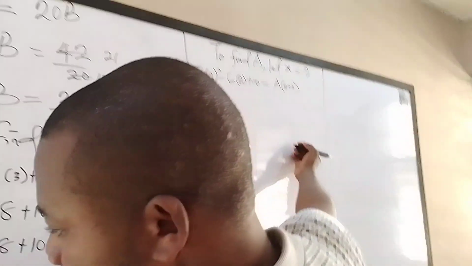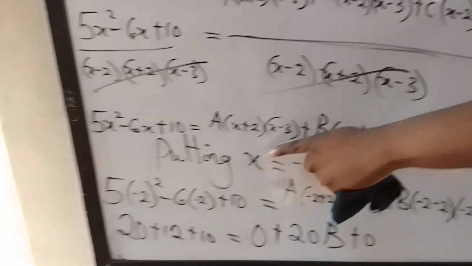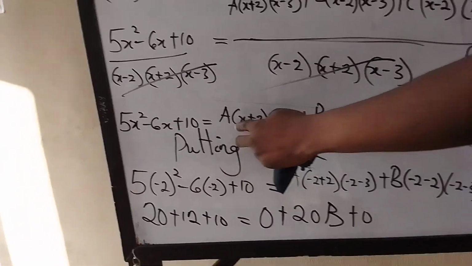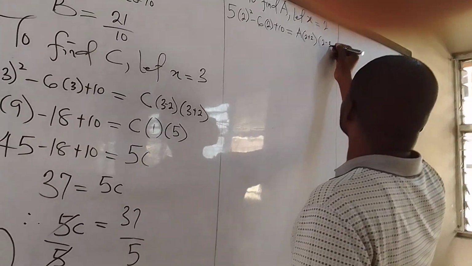Then, 2 minus x plus 2, which is 2 plus 2, because our x is 2 already. Then you now have 2 minus 3.